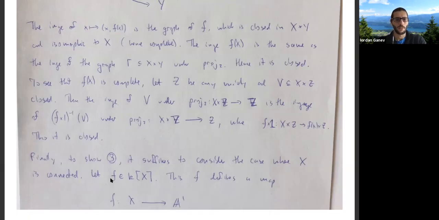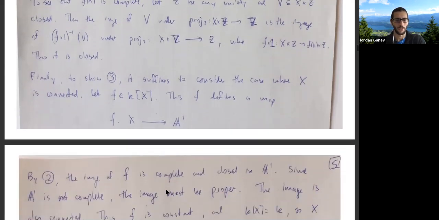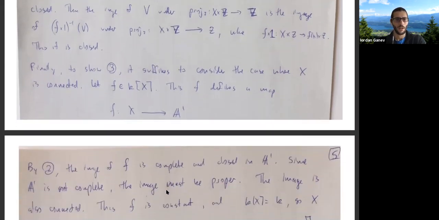Then let's take a function on x, an element in the affine algebra. It defines a map from x to a1, just a function on x. And now the image has to be complete and closed inside of a1. That's what we proved in 2, modulo the modifications that I need to make. So it's closed and complete inside of a1.